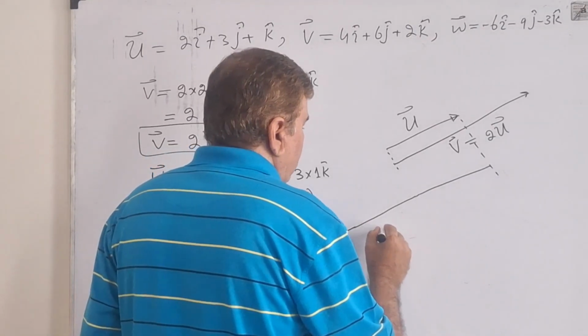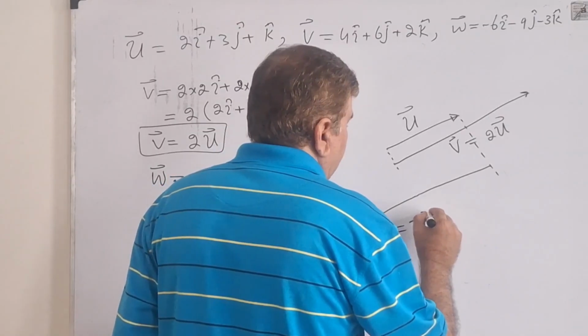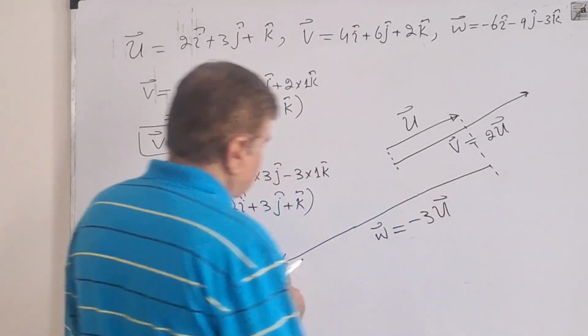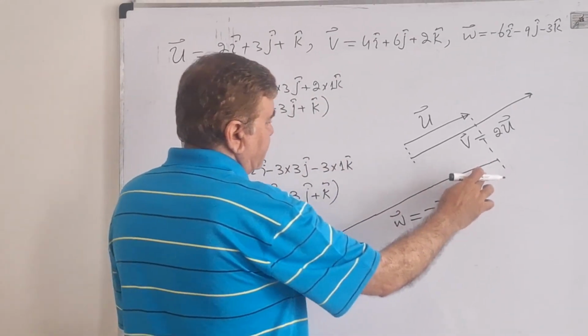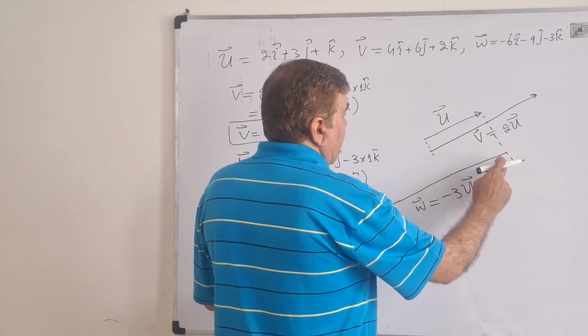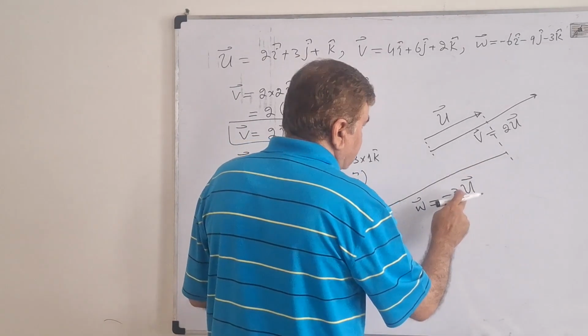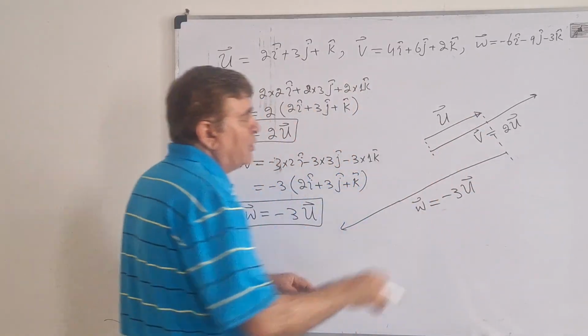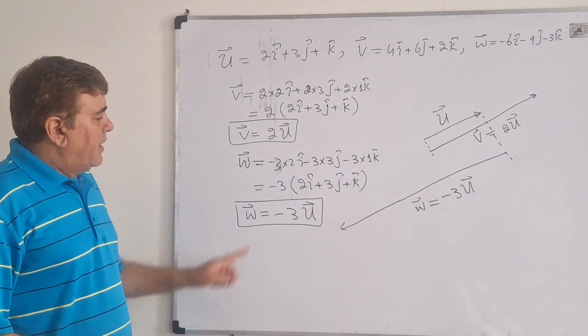So vector w is a vector minus 3 times u, that is it is opposite in direction and whose representative line is 3 times greater than the representative line of u. So this would then be our vector w.